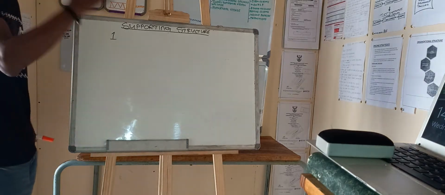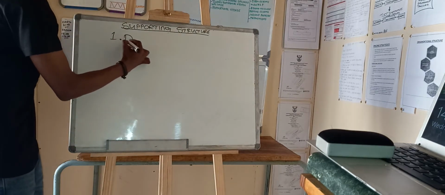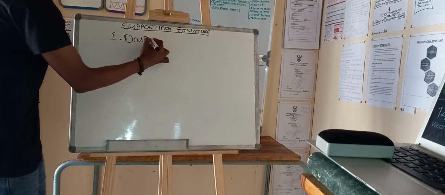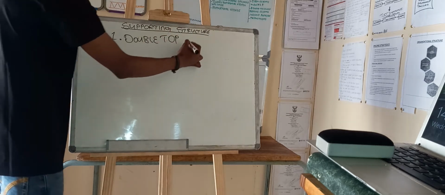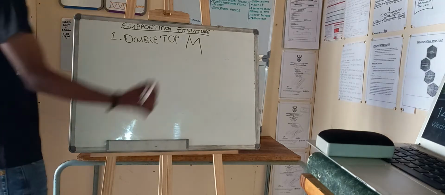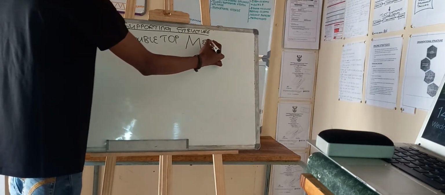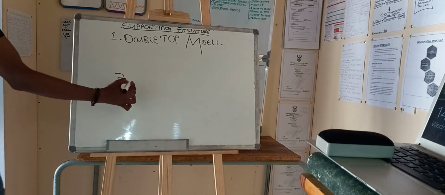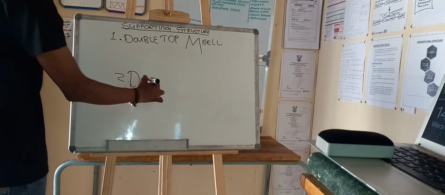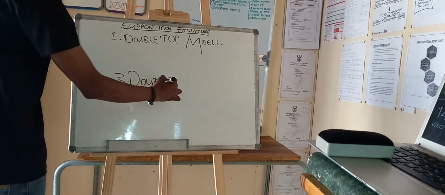What we look for again is a double top. Remember, a double top is an M formation that is like this. That is where the market is expected to sell. Secondly, we have what we call a double bottom.